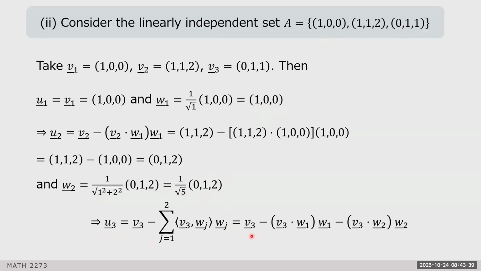We are at level 3. We fix V3 and subtract from it the dot product of V3 with all the W's that we have already worked out. So we subtract the inner product of V3 with W1 multiplied by W1, and the inner product of V3 with W2 multiplied by W2.